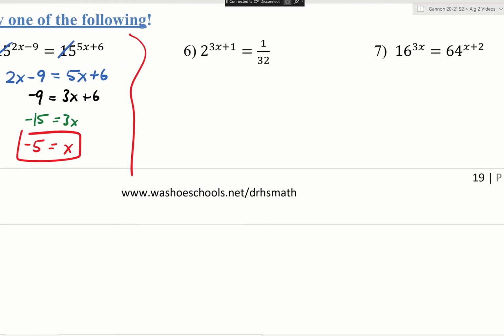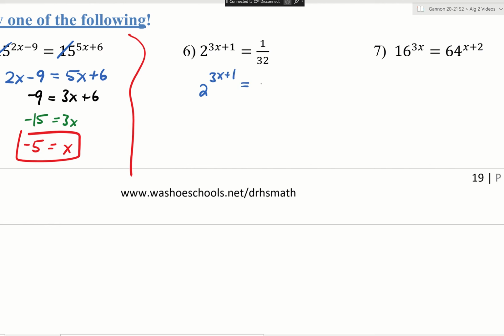So for number 6, the left side has an exponential in base 2. The right side is just 1 over 32. So I'm going to start by rewriting both sides in base 2. Now, because it's 1 over 32, I need a negative exponent. And the power of 2 that's equal to 32 is 5.